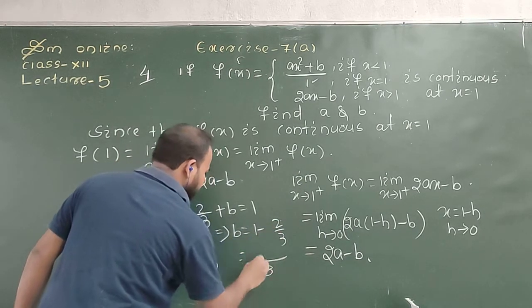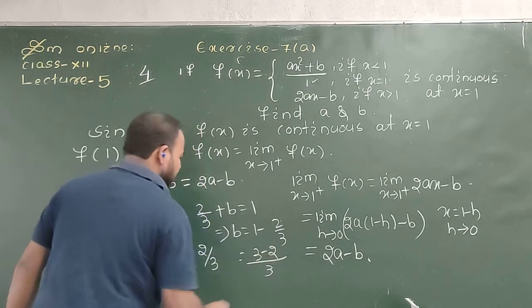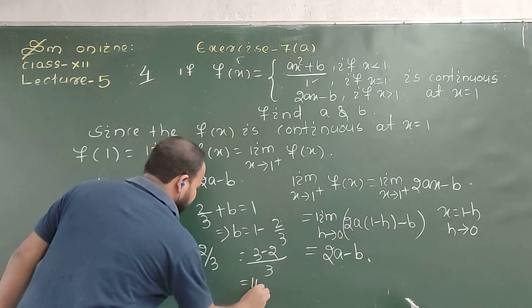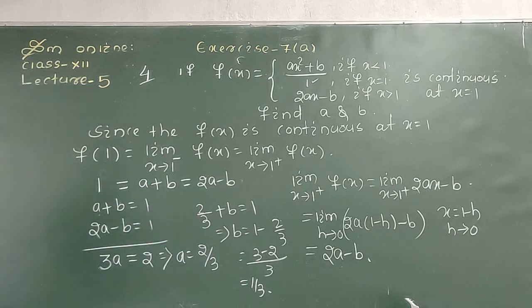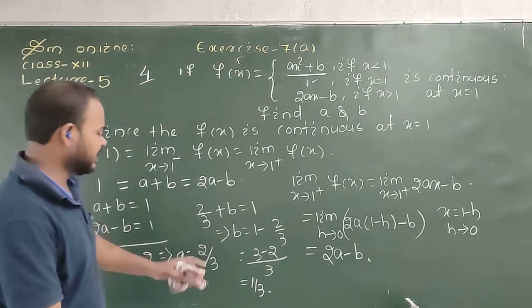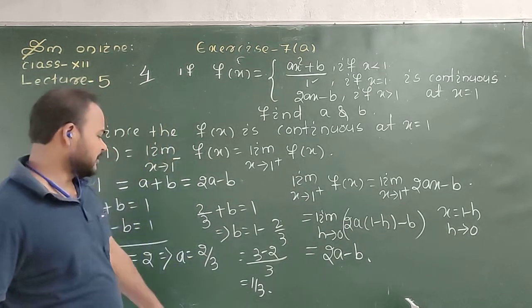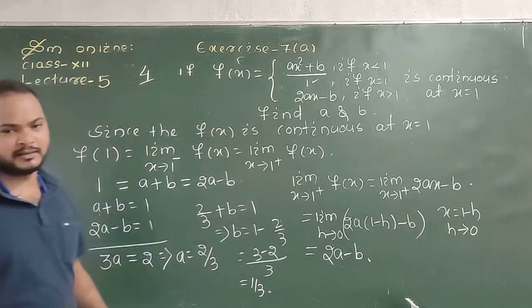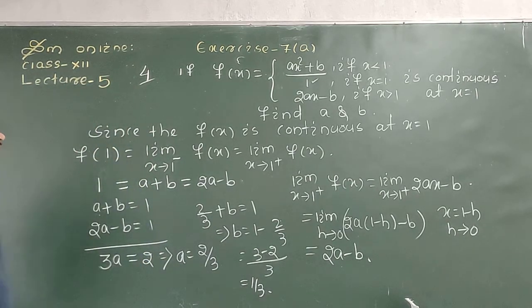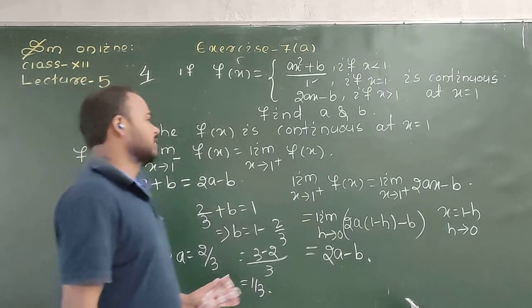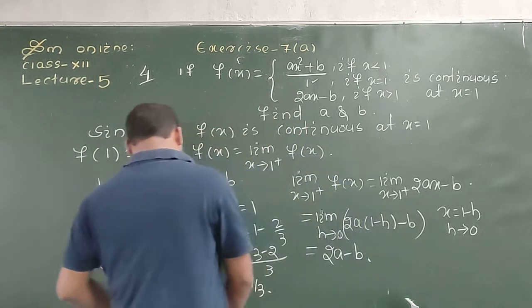Taking the LCM, 3 minus 2 is 1, so b equals 1 by 3. So this is the answer. The value of a is 2 by 3 and the value of b is 1 by 3.